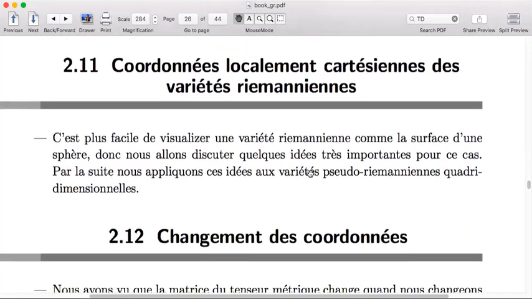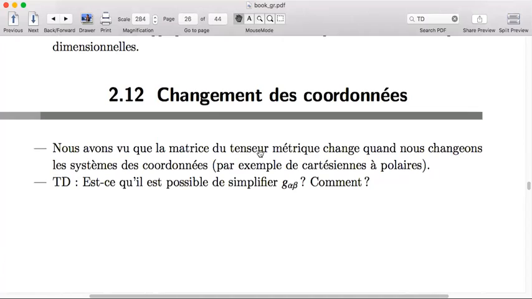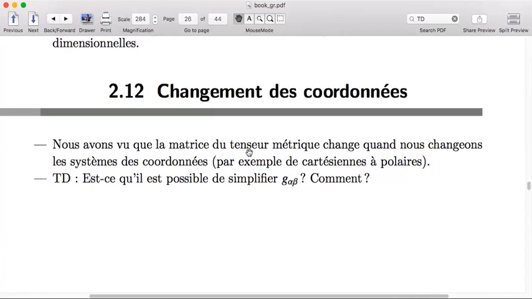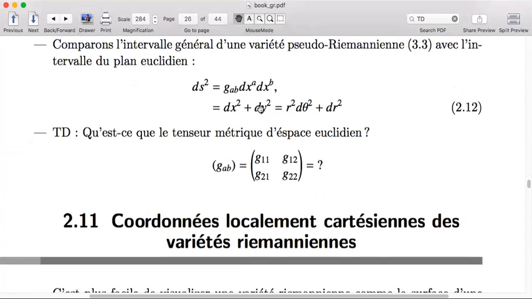Now, another complication we have is, I've said that this metric depends on the choice of coordinates. It turns out in order to do this transform, I just gave you the metric in both systems of coordinates.